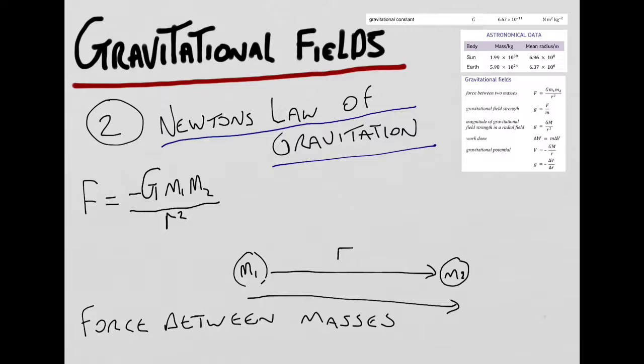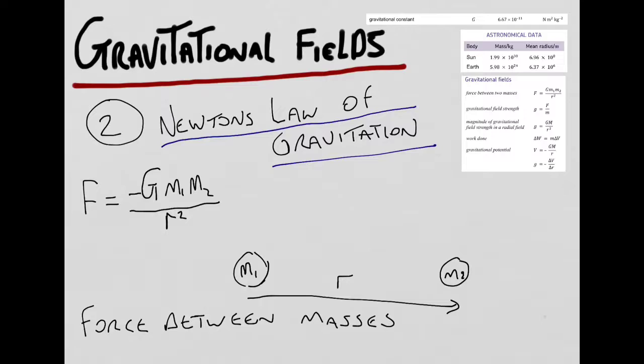So I really would be more accurate if I was to draw R in something more like that. It's the distance between the centre of masses, because the mass can be considered to be acting at the centre of the object.